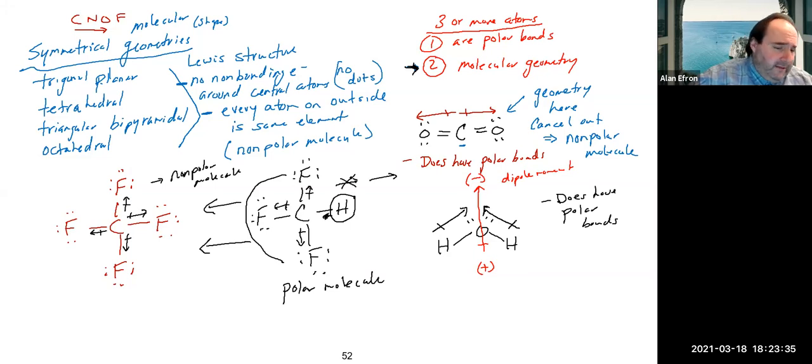And that's what happened there on the left. If you do your Lewis structure and you see no dots on the central atom and everything on the outside is not the same element, it's probably a safe bet to write polar molecule. And that's what happened there on the right.